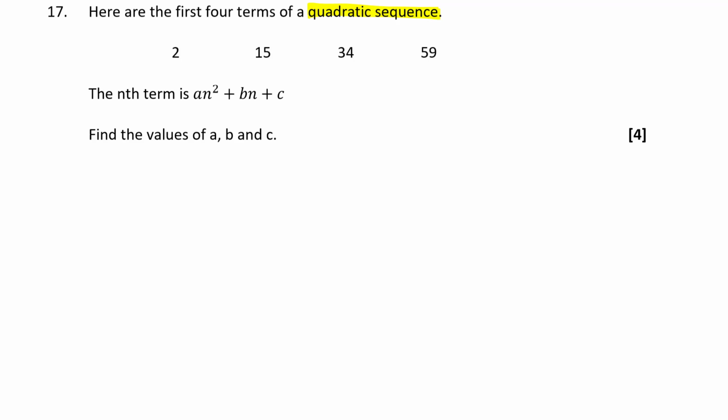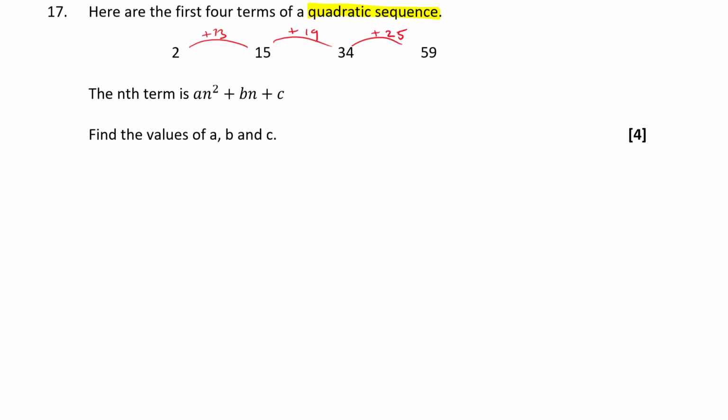If you look at the first difference, 2 to 15 is plus 13. 15 to 34 is plus, what is it? 19. And then 34 to 59 is plus 25. So you can see that what we're adding on each time is going up.